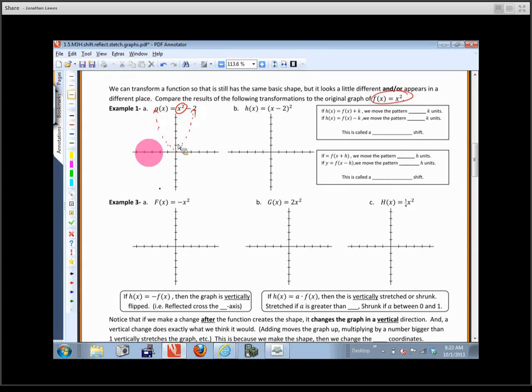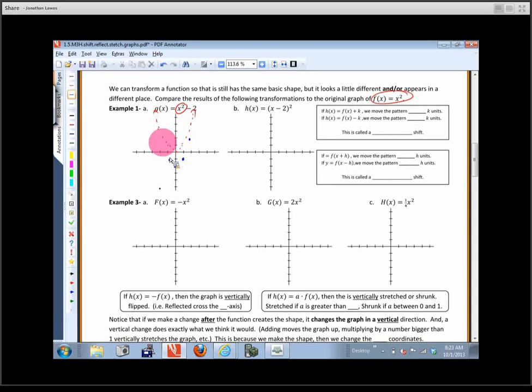Then I subtract 2 from it, so what I get out is a negative 2. When I plug in a 1, I square it, it makes a point on this shape right here. Then I take that y coordinate and subtract 2 from it, so I go down 2, and I'm right here. Plug in a 2, make a point on this graph, and then move it down 2 units. That's going to put a point right here.